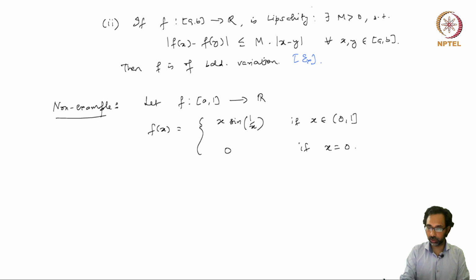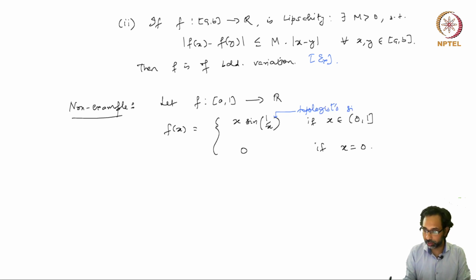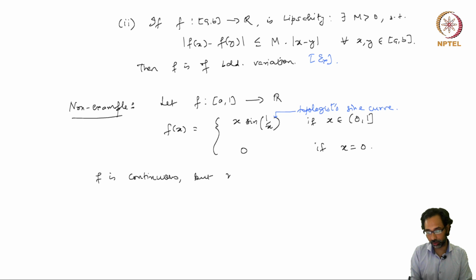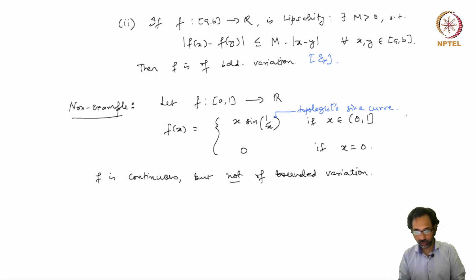So this is also sometimes called the topologist's sine curve, and in fact this is a continuous function, so f is continuous but not of bounded variation. So I leave it to you as an exercise to show this.